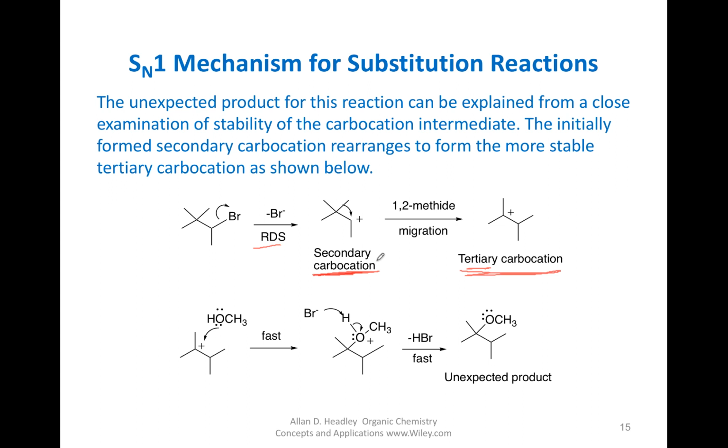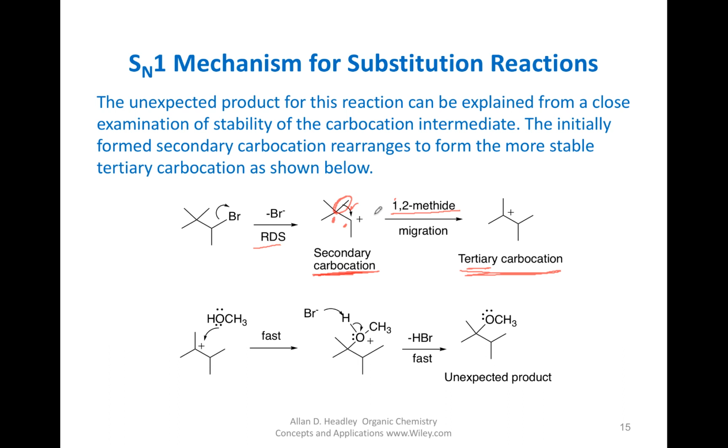This change occurs because this methyl group with its electron migrates as shown with this arrow here. So this is called a 1,2 methide migration. Why 1,2? Because it moves from one carbon to another adjacent carbon. So it's 1,2.